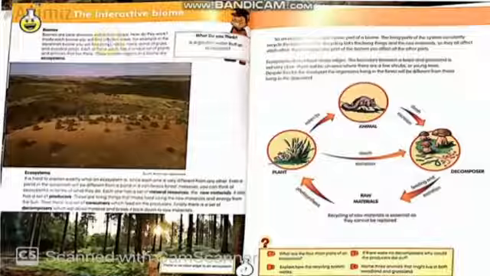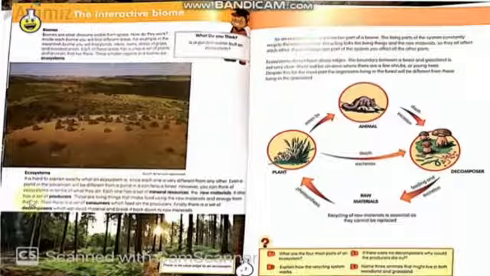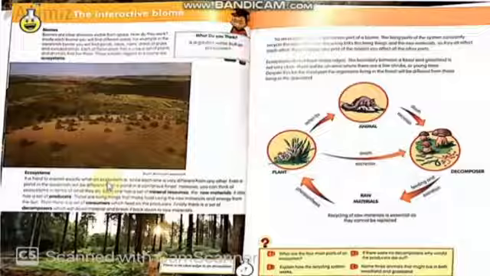Okay. Let's look at what an ecosystem is. You have previously studied ecosystems in the previous class as well. If you recall, you must know that an ecosystem is a combination, an amalgamation, of biotic and abiotic factors.